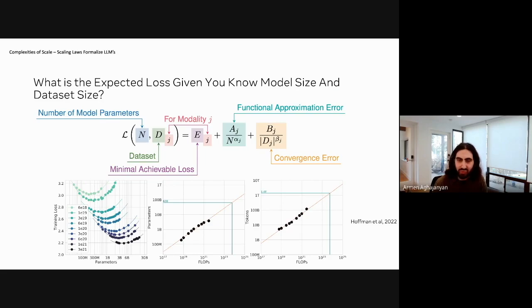If you put this all together, you get this new type of parameterization for scaling laws, and it turns out that this is quite a good fit. And these Chinchilla scaling laws gave us what we call compute optimal scaling laws, in the sense that for some fixed compute budget, we know what model size and what data set size we should pick in order to have a compute optimal model.